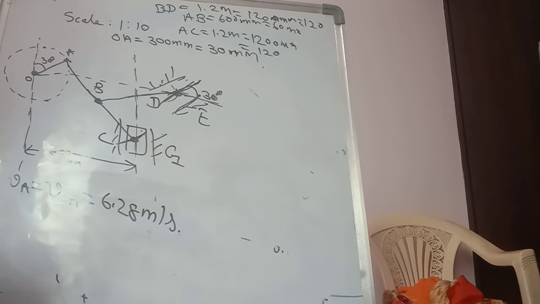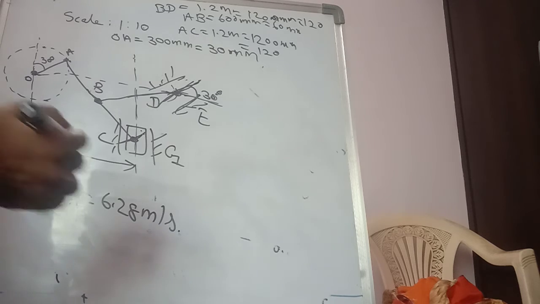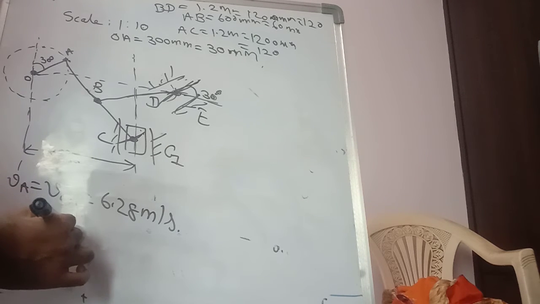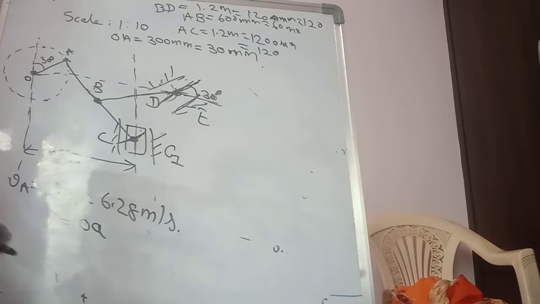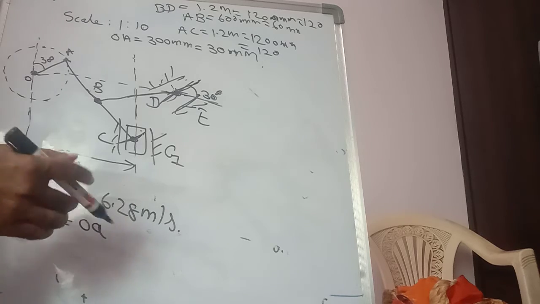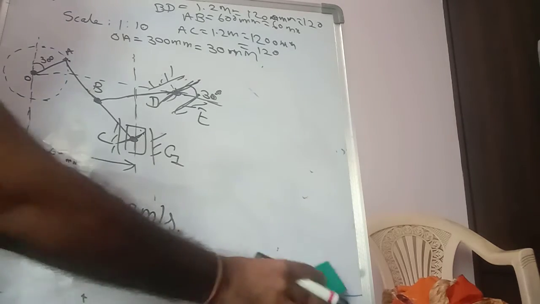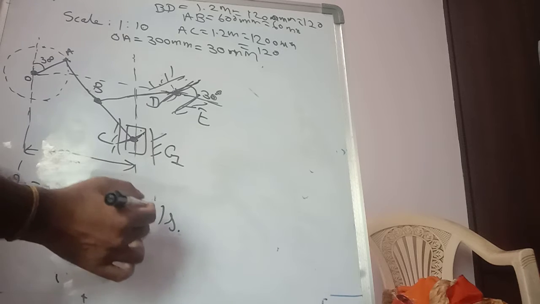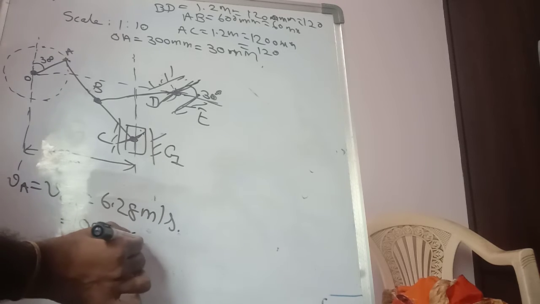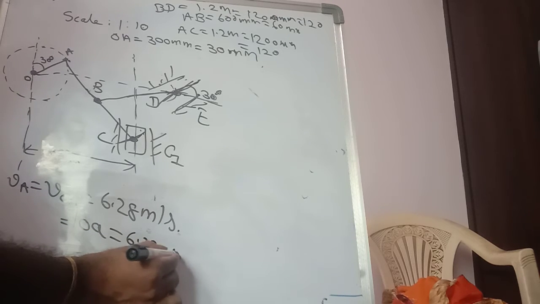Now we will draw the velocity diagram to find the velocity of point C and D. So to draw the velocity diagram, VOA is written as small oa. We can also write it as vector oa. Now what is the value of vector oa? 6.28 meters per second.